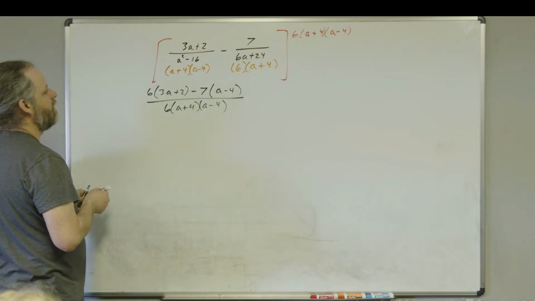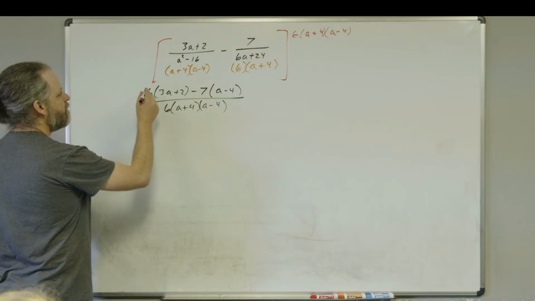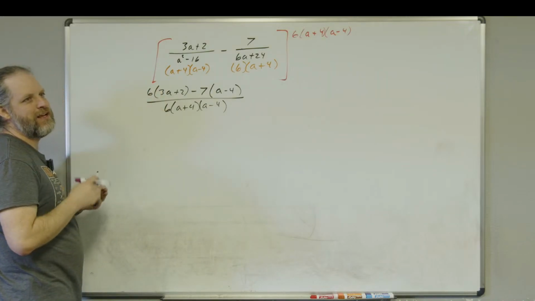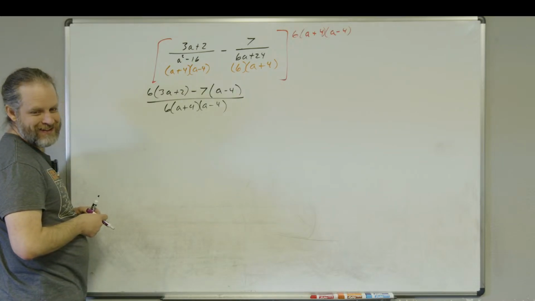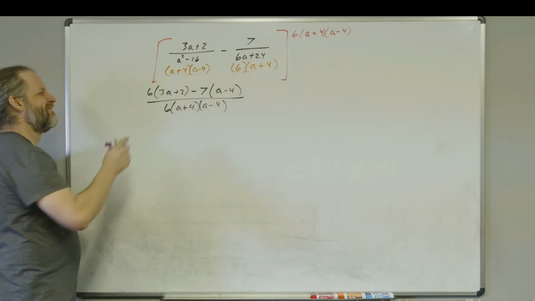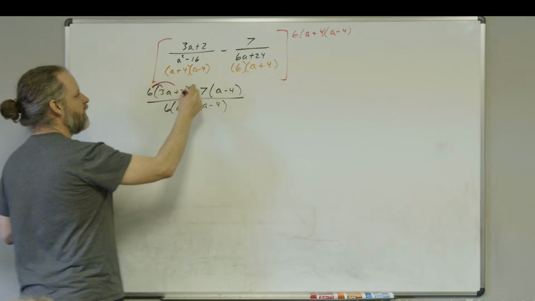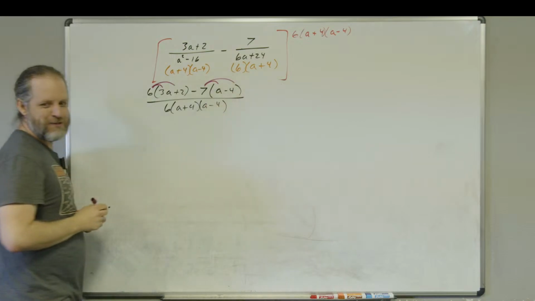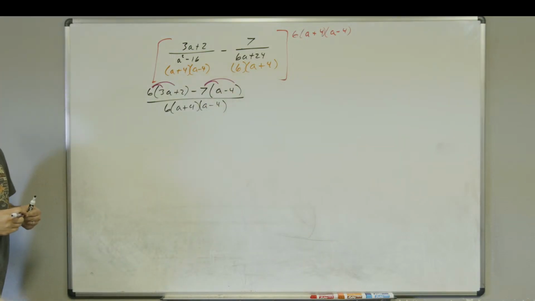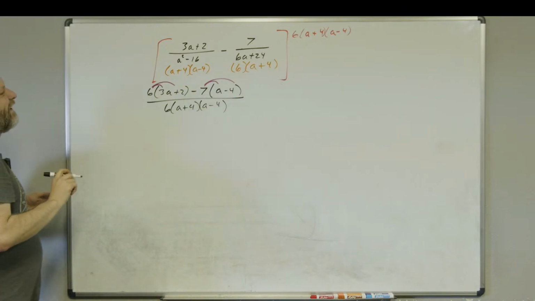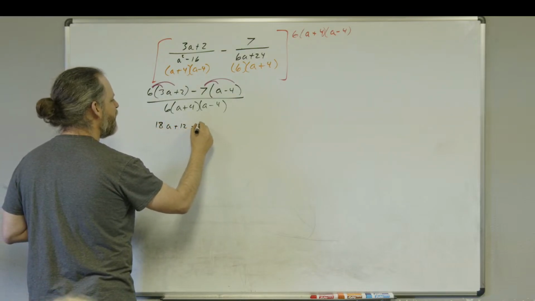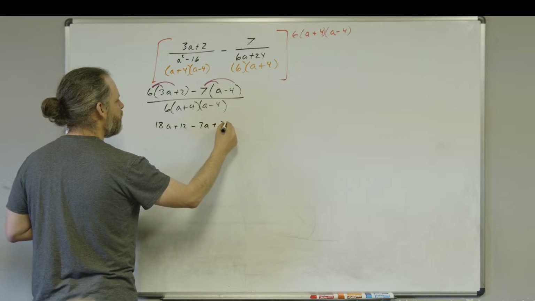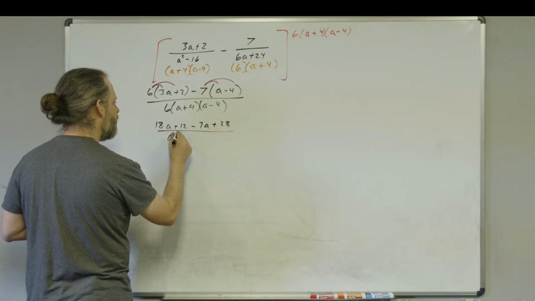So wait. I love that idea. We should distribute. Yeah. How could we kill the ace? How would that be even possible? No, why not? Because that. Okay, so we've got 18a plus 12 minus 7a plus 28 all over this stuff.